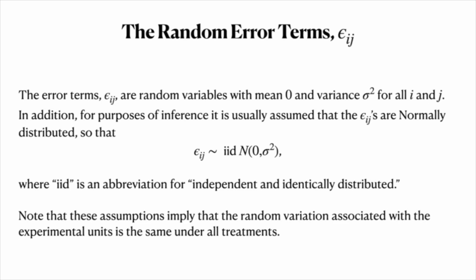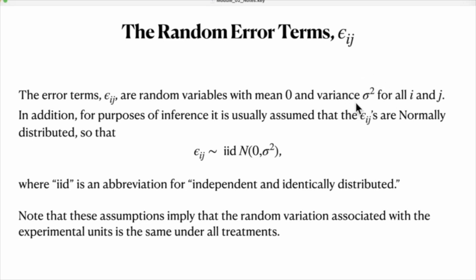All right. So those error terms, the epsilon sub ij's, are unobservable random variables. By the way that the model is set up, the error terms have a mean of 0, and then they vary from one experimental unit to another, and so that variability is represented by sigma squared.